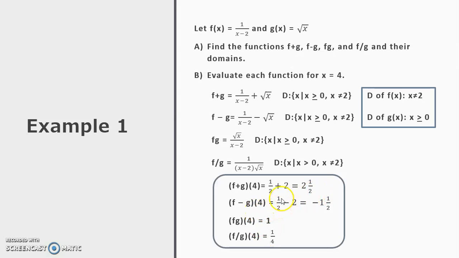For f minus g, I'm just subtracting those two things, and 1/2 minus 2 is negative 1 and 1/2. For this one right here, the square root of 4 is 2, and 4 minus 2 is 2, so this is 2 over 2, which is 1. And this last one, I have 1 over, this is 2, times the square root of 4, so it's 1 over 4, and that's my answer.